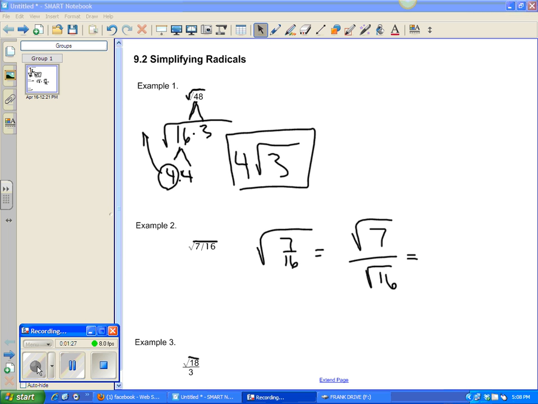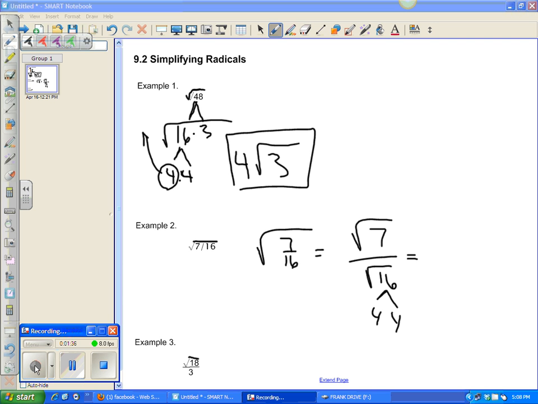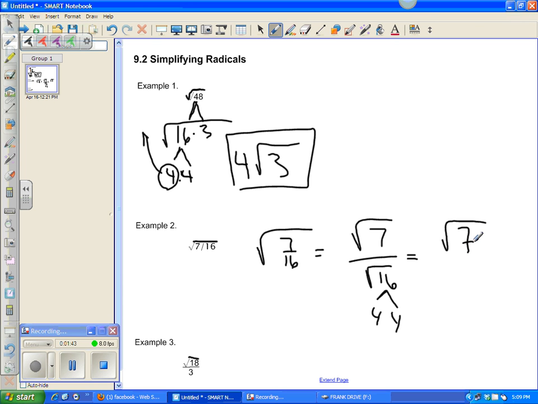At this point, you know that 16 is a perfect square, which is 4 times 4. So this becomes square root of 7, which has no square to it, over 4. And we can leave that one alone.